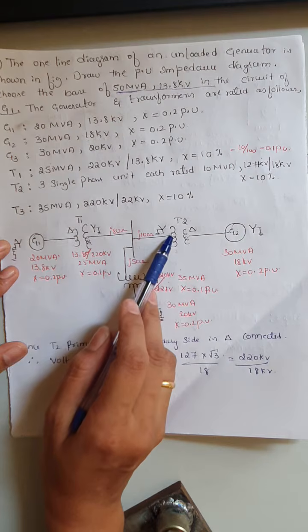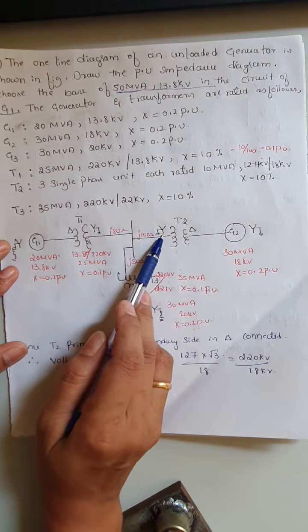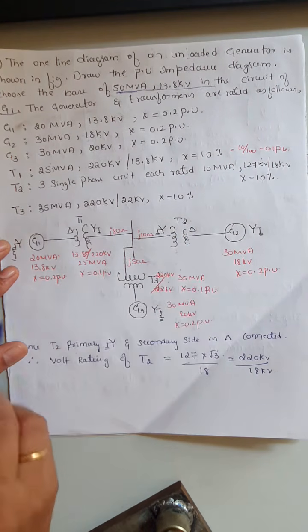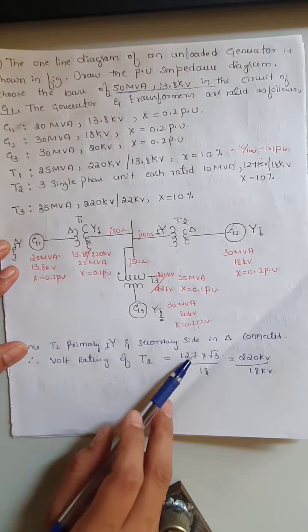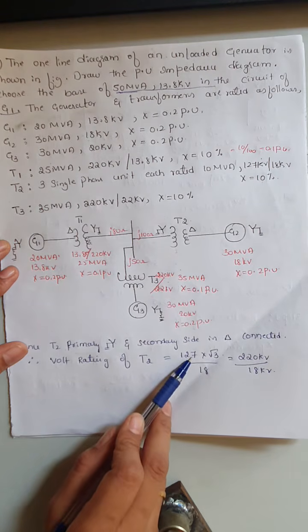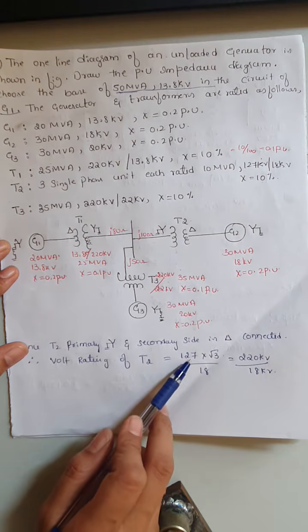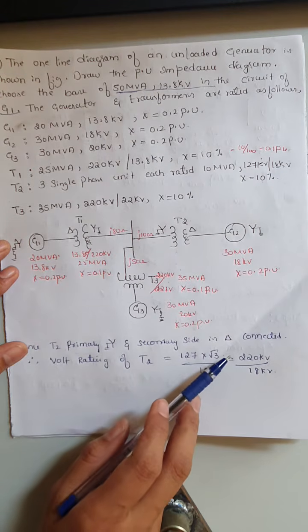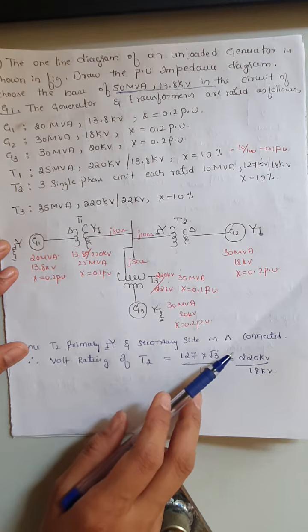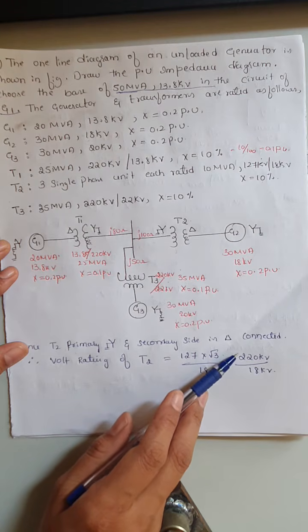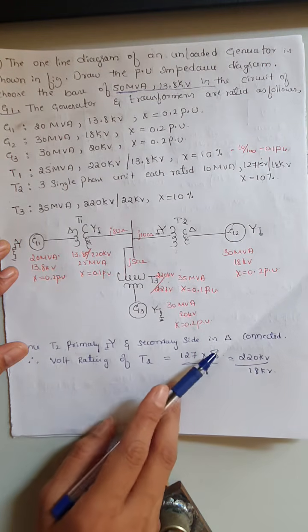So here observe, the primary side is star connected and it is having a higher voltage rating of 127. So I have multiplied with the root 3. After multiplying 127 with the root 3, you will get 219.9. So considering a whole number, I have written 220 kilovolt.